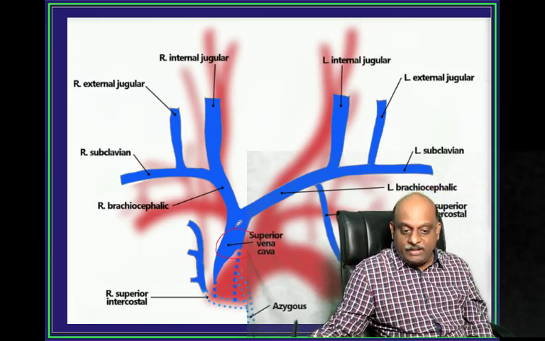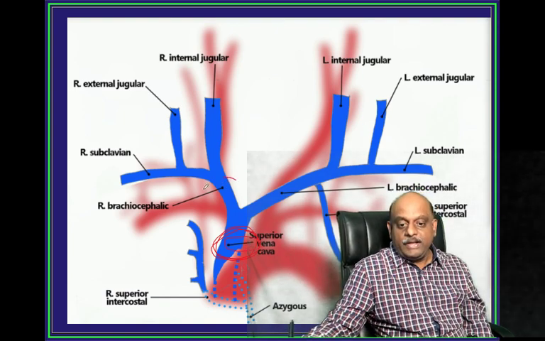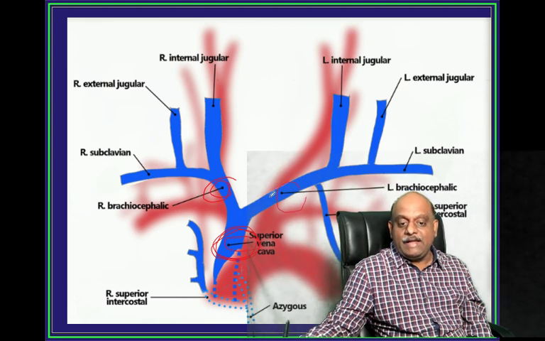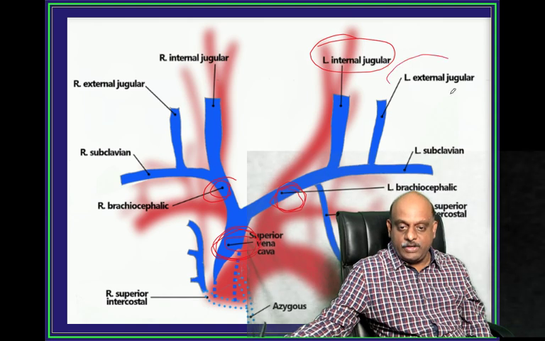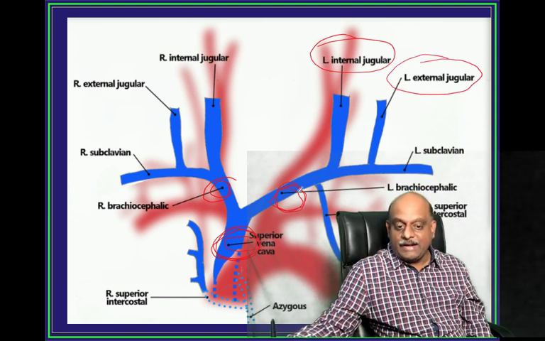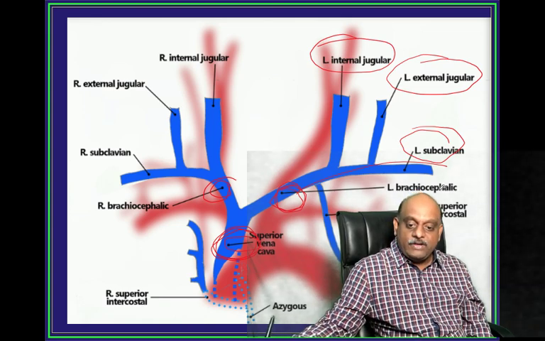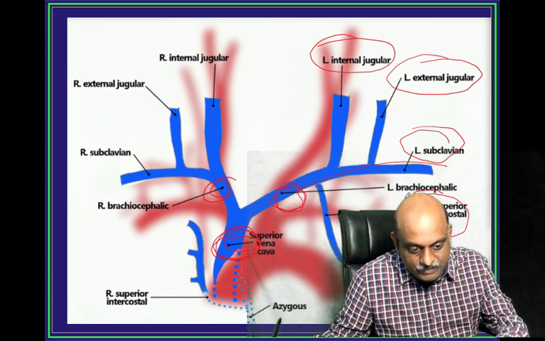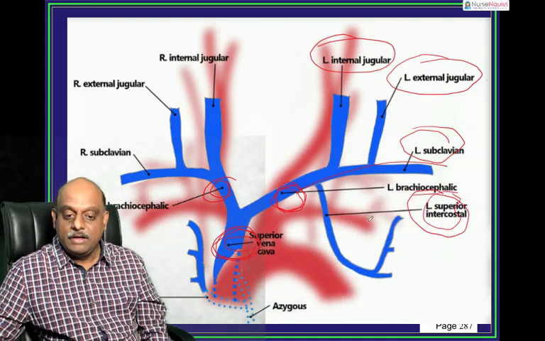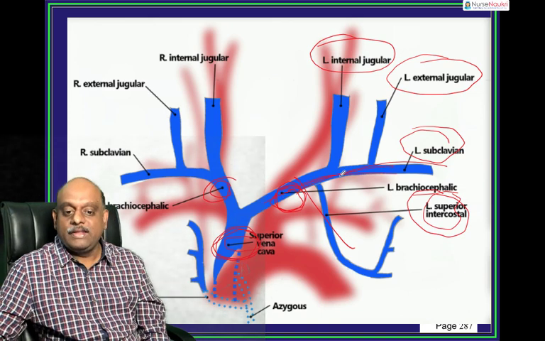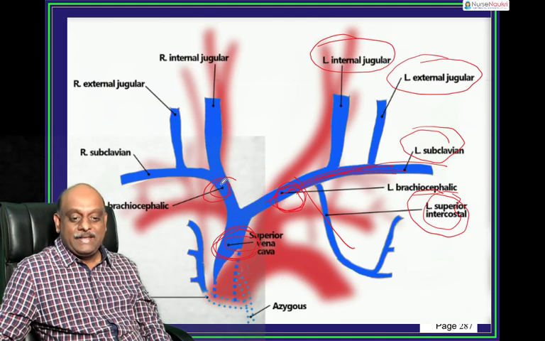So typically if you take this is superior vena cava, it is giving rise to right brachiocephalic and left brachiocephalic. Left brachiocephalic से निकल रहा है left internal jugular, left external jugular, and that continues to form the left subclavian and the left superior intercostal vein that is also merging into the left subclavian vein is what you need to remember.